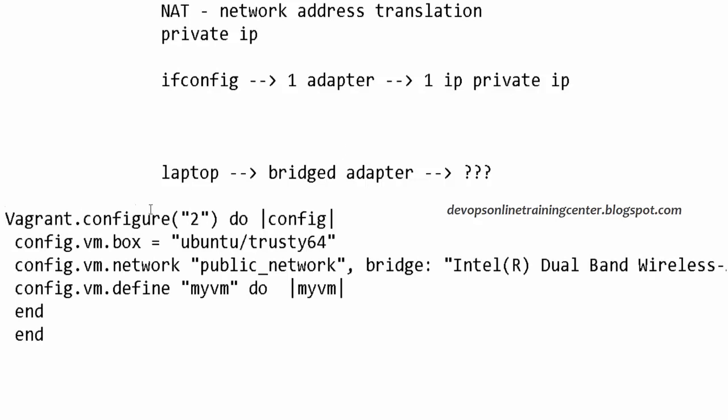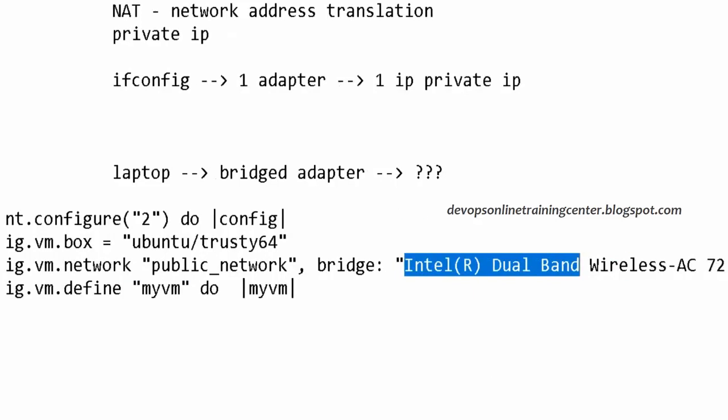So this is common. Ubuntu Trusty 64 we are selecting. VM name is VM. Network name is public network. Bridge is this thing. This is the name which we need to get from Oracle VM VirtualBox.